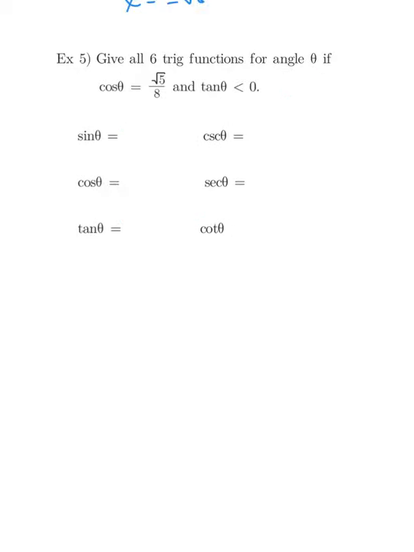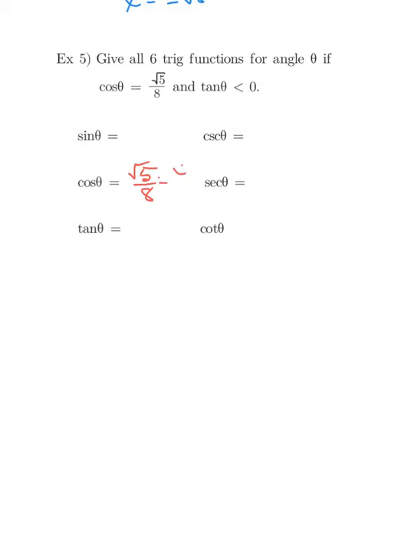In example 5, we are asked to give all 6 trig functions for the angle theta if cosine of theta equals radical 5 over 8 and the tangent of theta is less than 0. We already know cosine, so we're going to go ahead and put that in there. Square root of 5 over 8. Think about how cosine is defined.